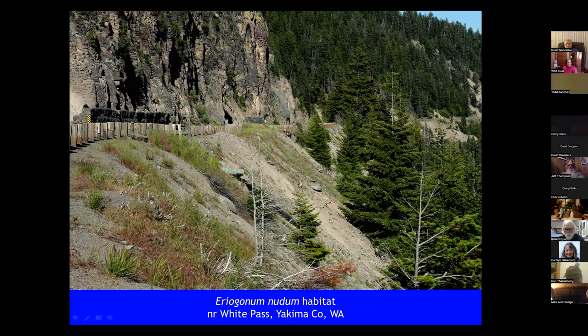You'll probably be looking at a lot of bare stem buckwheats. They grow fairly densely on these steep slopes, but it's hard to go down on these slopes. You're kind of taking your life in your hands. It's steep and the slopes are not very stable.